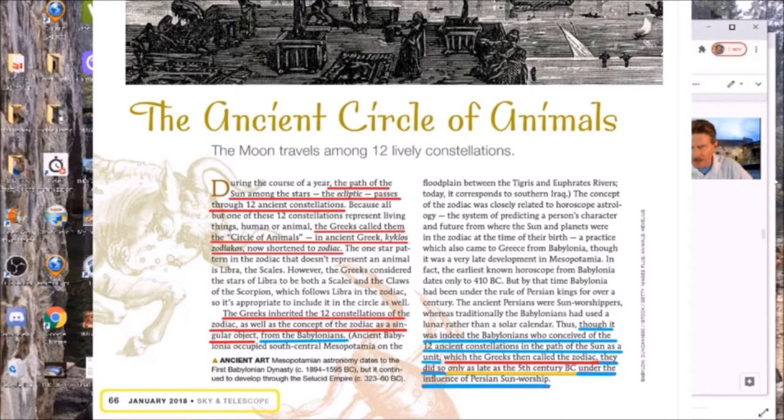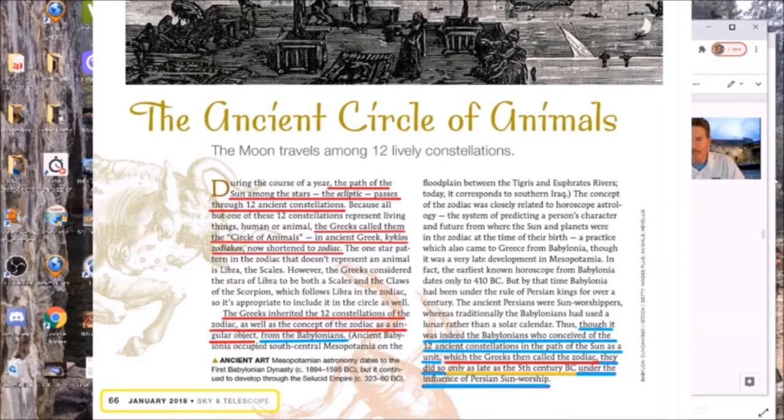Jumping over to the next side of the page, as I've underlined here, blue being Babylonians, red being Greeks: it was indeed the Babylonians who conceived of the 12 ancient constellations in the path of the sun as a unit, which the Greeks then called the zodiac. They did so only as late as the 5th century, under the influence of Persian sun worship.